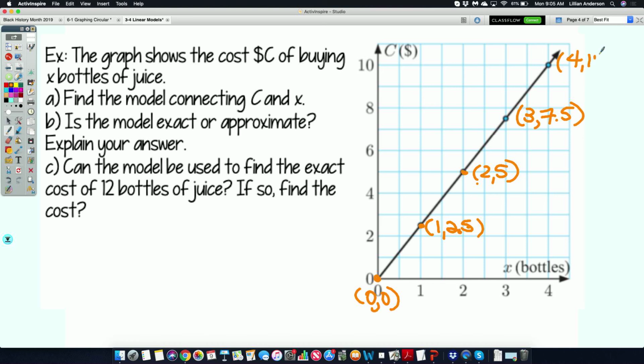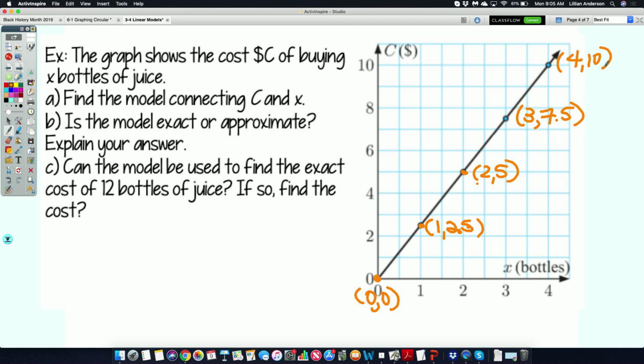As you can see, the x's are increasing by 1, and your y's are increasing consistently by 2.5, so this is a linear model.